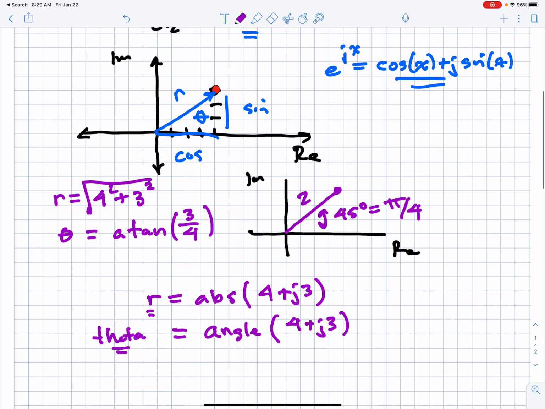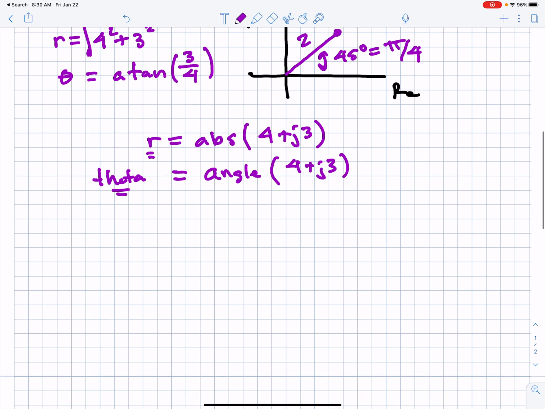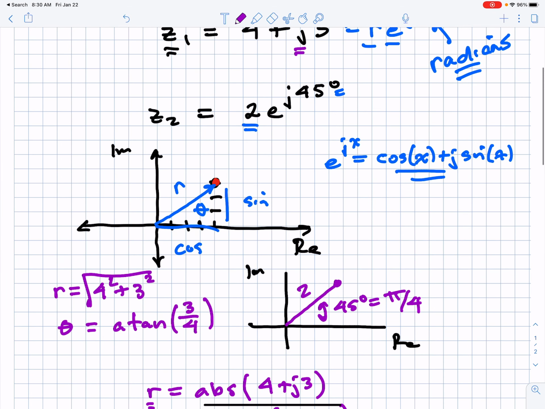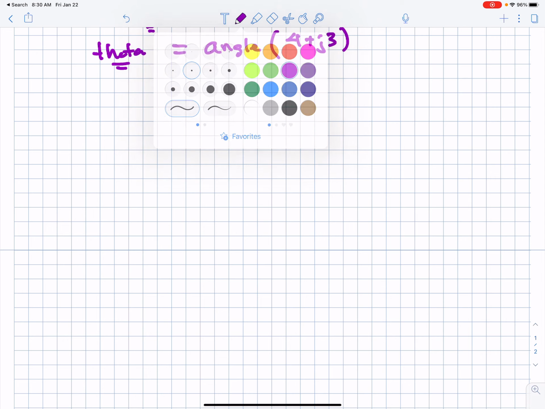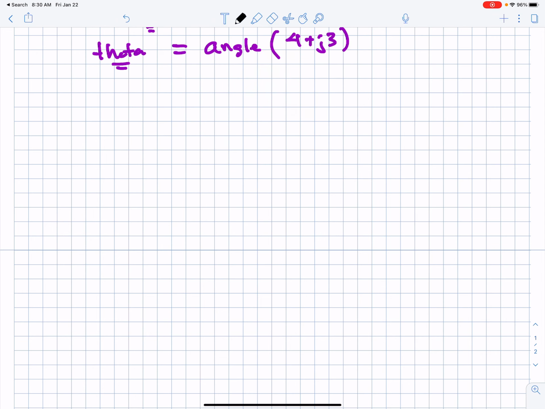The advantage of the polar form is that if I wanted to do division or multiplication, let me go back to a black pen here.